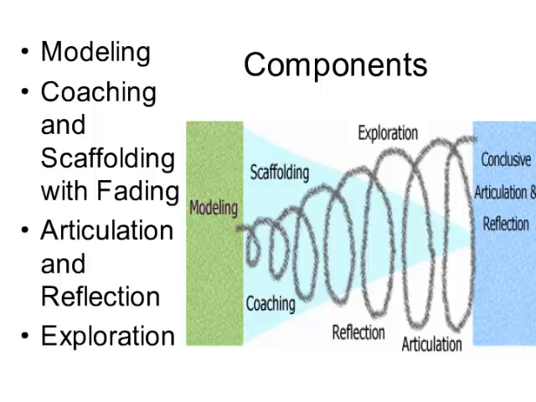And really, modeling is something that occurs at the very beginning of the process. Coaching and scaffolding, there's a lot of coaching and scaffolding after the modeling process, but as the learners are engaged in whatever whole task that they're engaged with. So you need to provide a lot more coaching and scaffolding at the initial stages of learning.